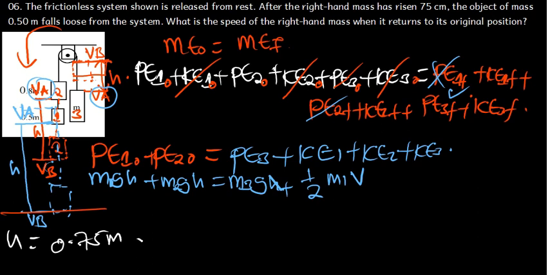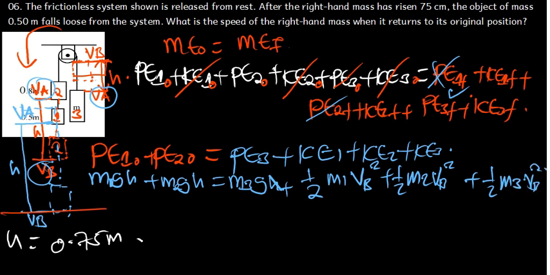But now we need to find the velocity at b, so I'm going to have the velocity at point b squared, plus half m2 vb squared, then again plus half m3 vb squared. Now let's analyze. We have been told that m1 is 0.5, so I'm going to say it's 0.5 m, gh plus 0.8 m gh has to be equal to this one.